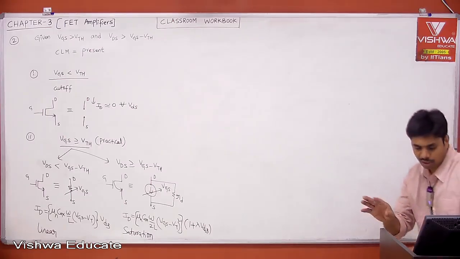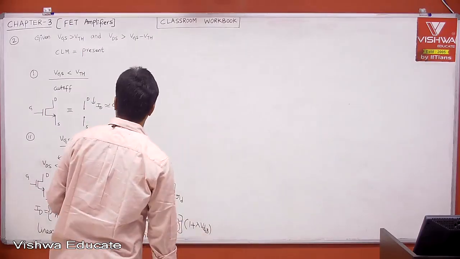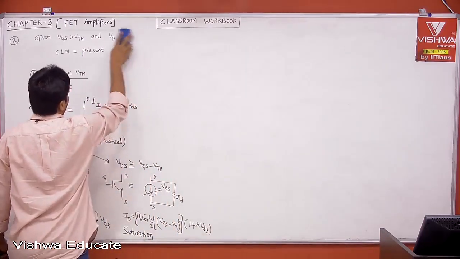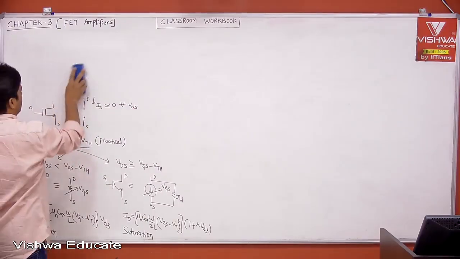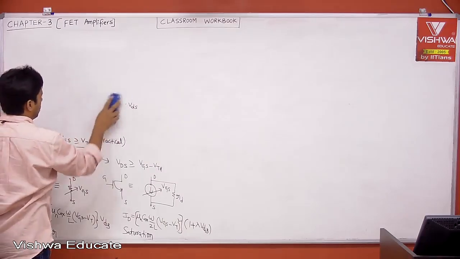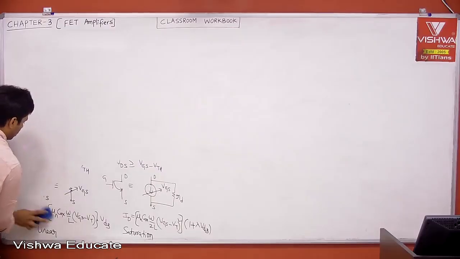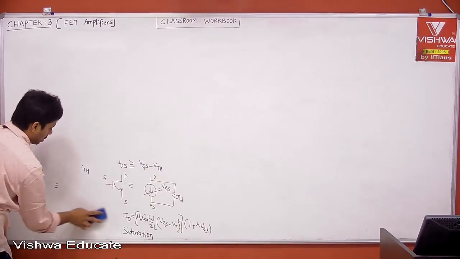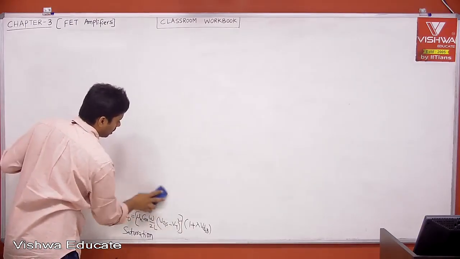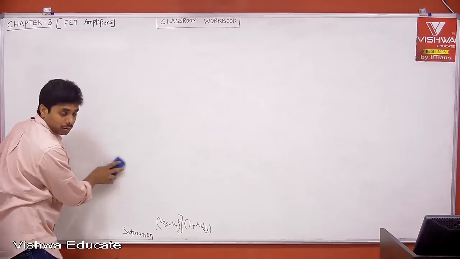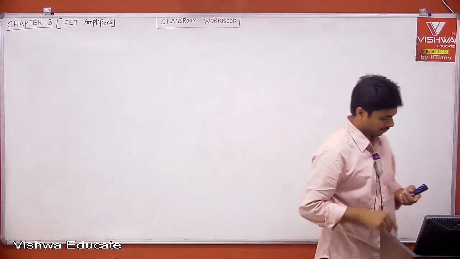Asking for V1 and V2 means the relationship between V1 and V2. Okay.